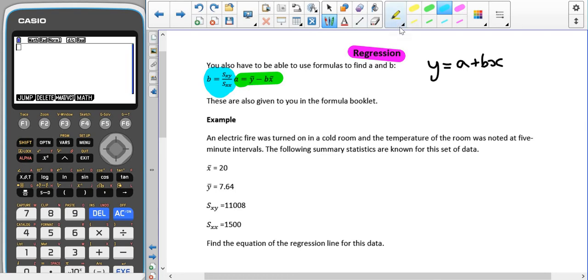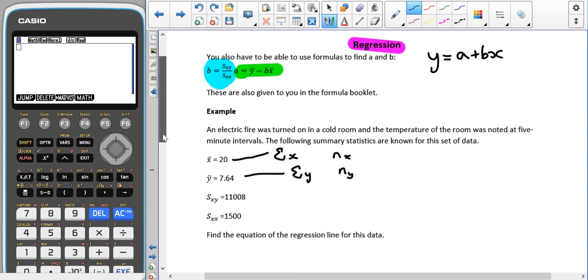Now also remember that sometimes this can be given. Instead of being x bar, maybe we'll be given the sum of x and we'll be given nx. And sometimes instead of y bar, we might be given the sum of y and ny. So remember that you're not given the formula for the mean, but if you are given those two, you can find it just by dividing.